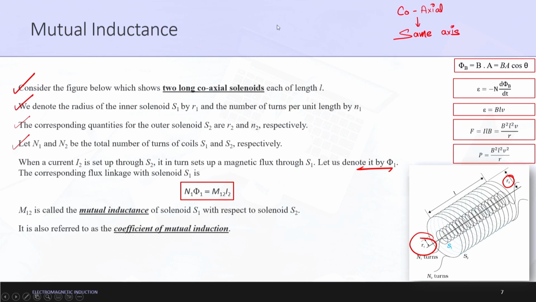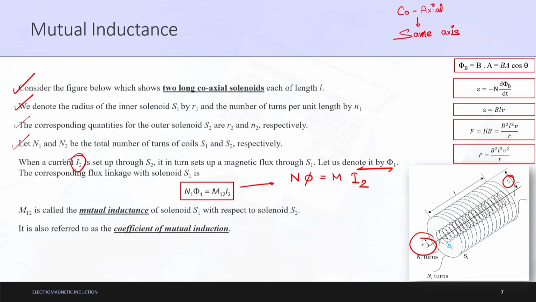So, it is N phi equal to M I. As it is shown, current I2 is set up. Then where is the magnetic flux passing through? Due to the current in S2, the magnetic flux we talk about here is in S1, because it is mutual.